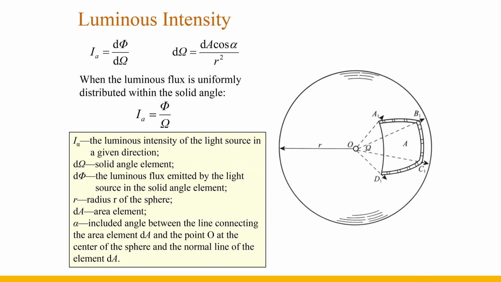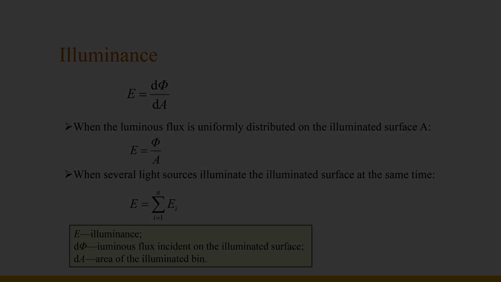The angle alpha in this diagram is 0 degrees, and omega is equal to A divided by the square of R. The unit of luminous intensity is candela, and the symbol is cd, which means that the light source emits a luminous flux of 1 lumen uniformly within a solid angle of 1 steradian.